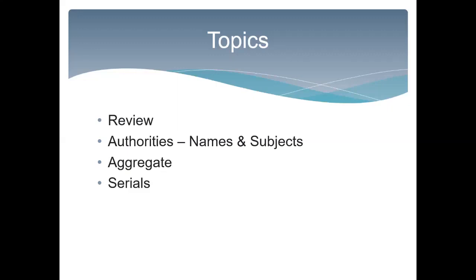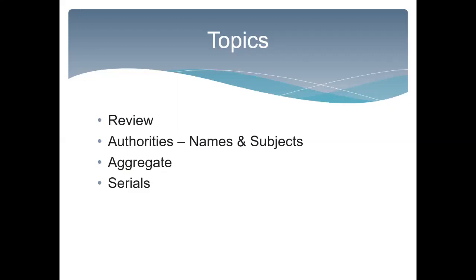We're going to do a quick review today, just touch on some of the high points of what we talked about, and then we'll dive right into authorities and focus a lot on names and subjects. I'll talk a little more about where I see all of that going, and then we're going to talk about the concept of aggregation, or aggregate. That's a new term for us and it changes things a little bit.